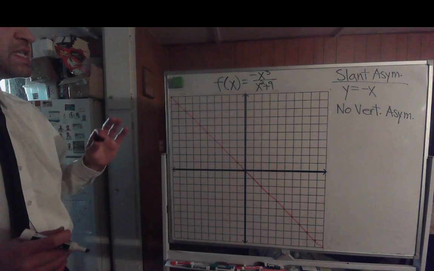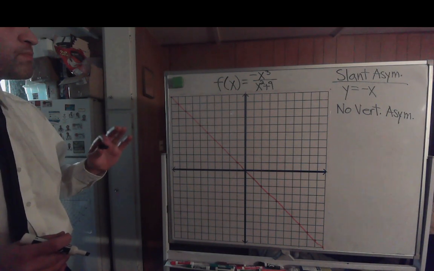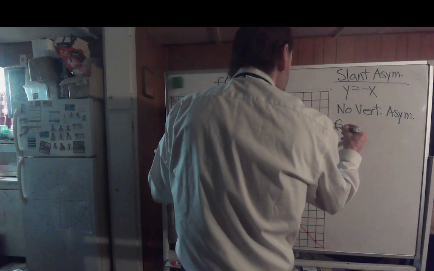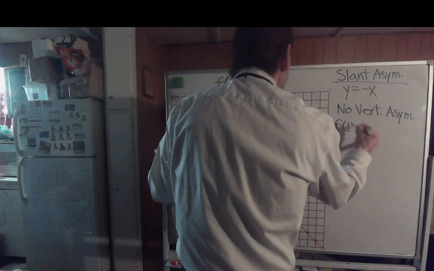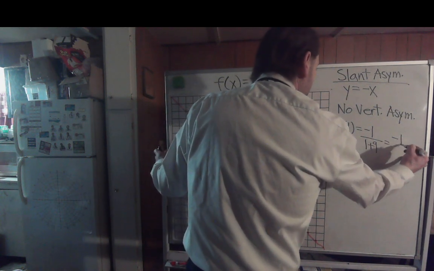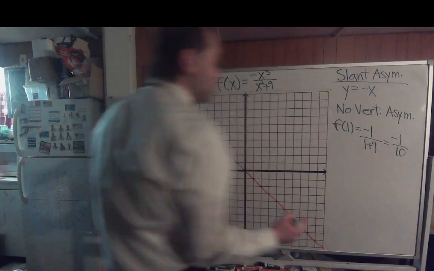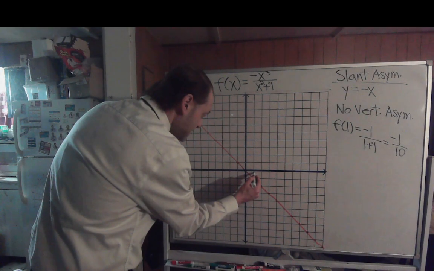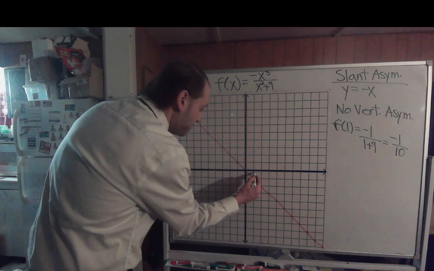But now let's put in x equals 1. Let's do some plotting here. So let's put in f of 1. That would end up giving me negative 1 over 1 plus 9, which would end up giving me a value of negative 1/10. So when x is 1, I'll be at negative 1/10, which is about right there.